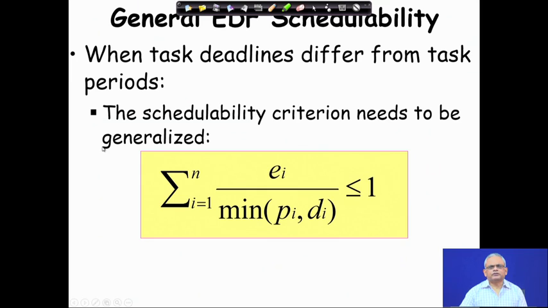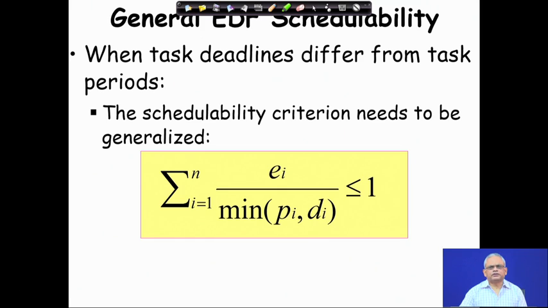But before concluding our discussion on EDF, let us look at one point. We have so far assumed that for every task the period and deadline coincide.